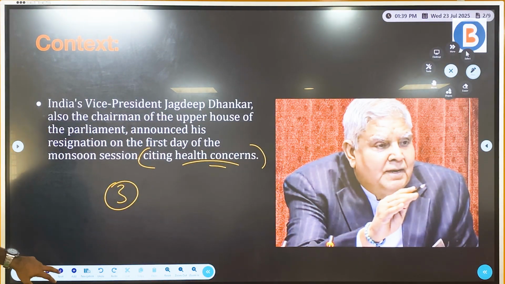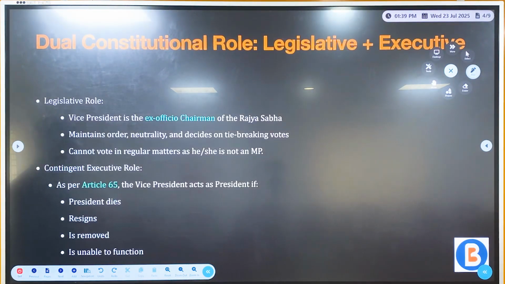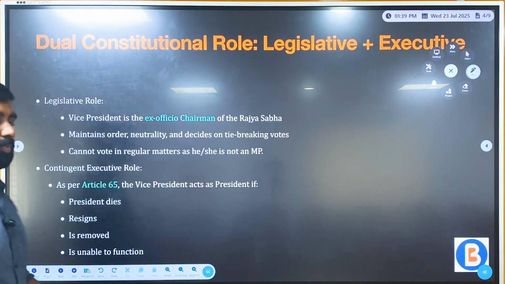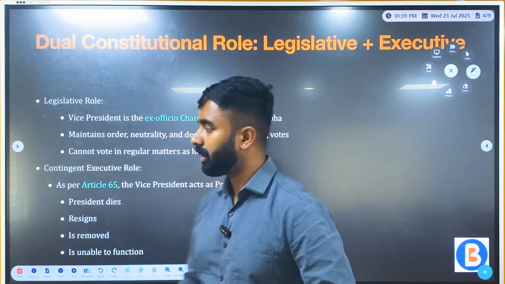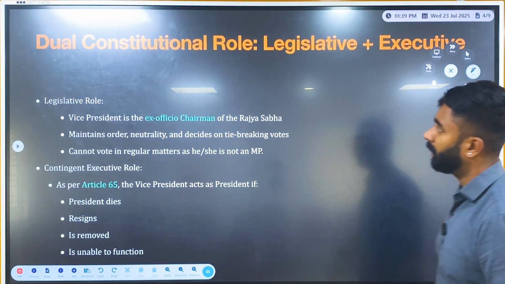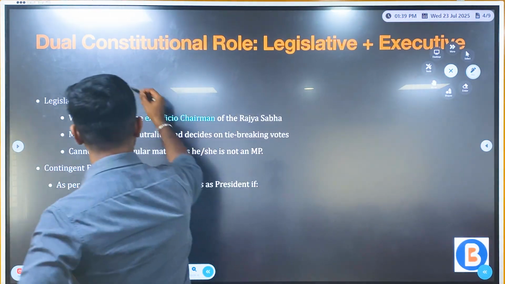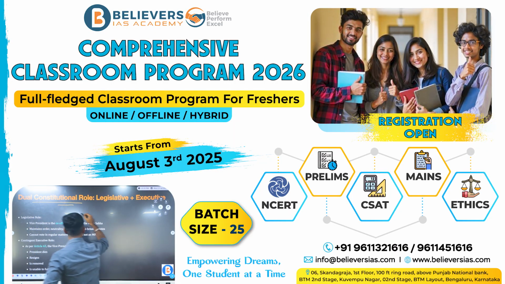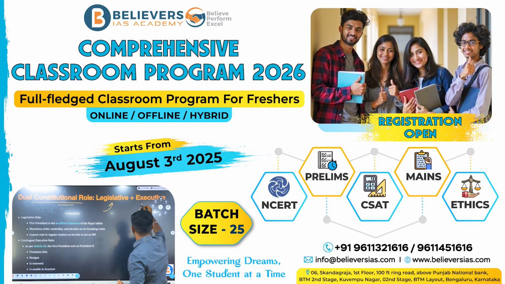From the examinations point of view, it is important to know the role and responsibility of a Vice President, especially in India. We will discuss the dual constitutional role awarded to the Vice President, that is the legislative role and the executive role.